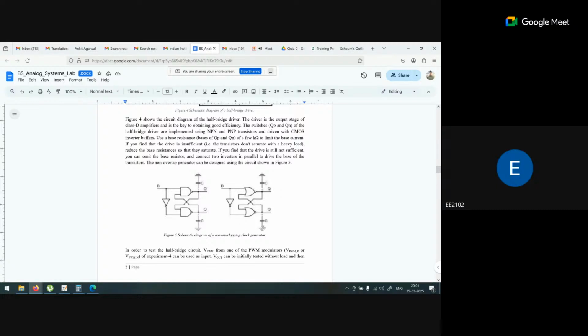If this C is high, we get the output voltage Q, because C is nothing but a load capacitor, and Q is the voltage across the capacitor that will be dependent on the PWM pulse.